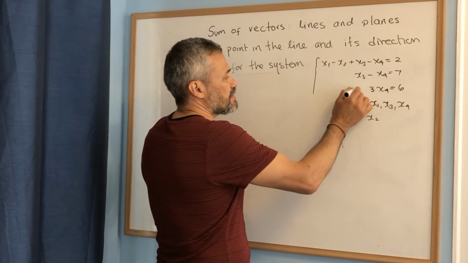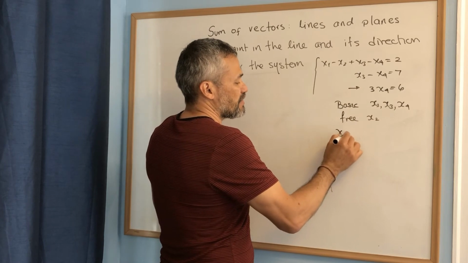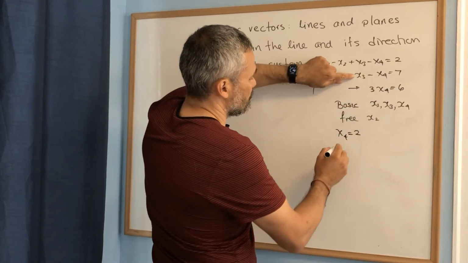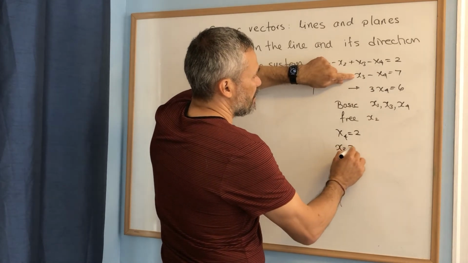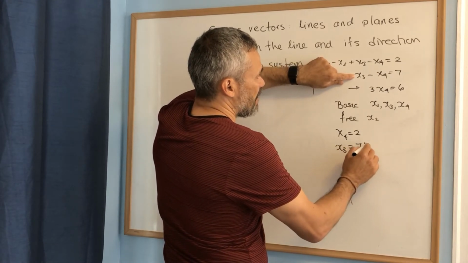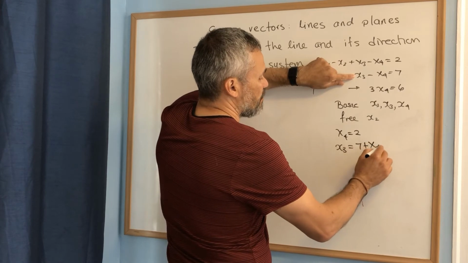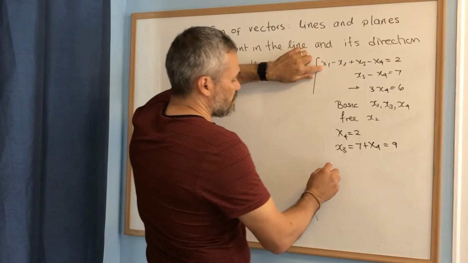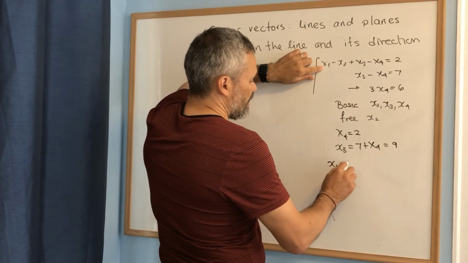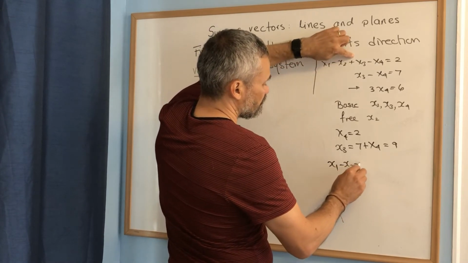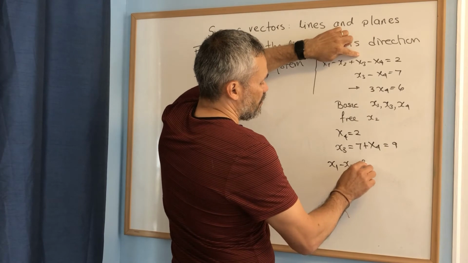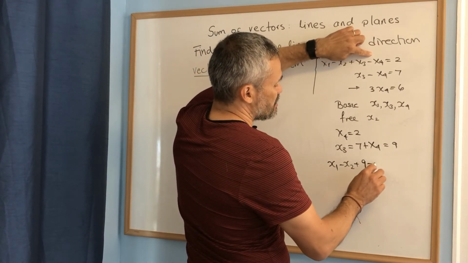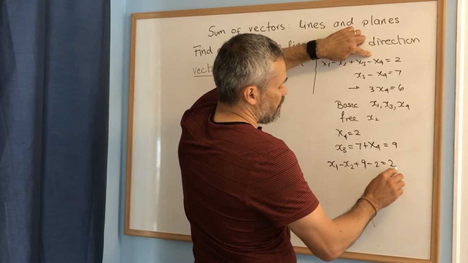Then we write the basic in terms of the free. We start with the last equation, and then we have that x4 is equal to 2. And if x4 is 2, then x3 is 7 plus x4, which is 9. And then x1 minus x2 plus x3, which is 9, minus x4, which is 2, is equal to 2.